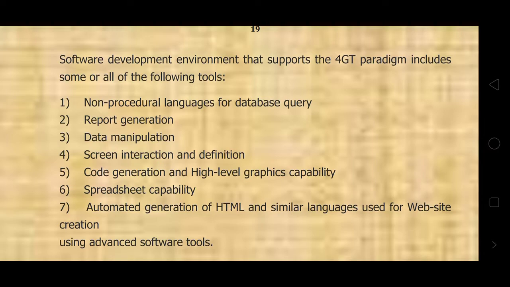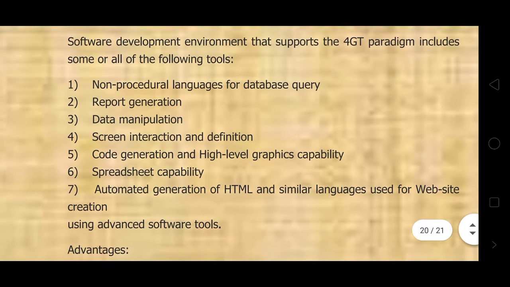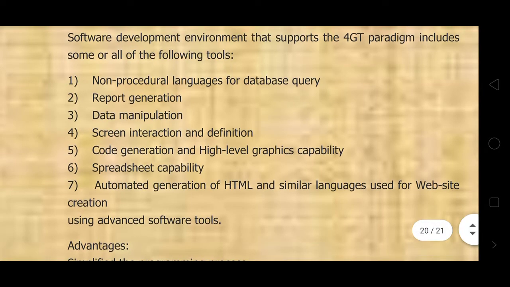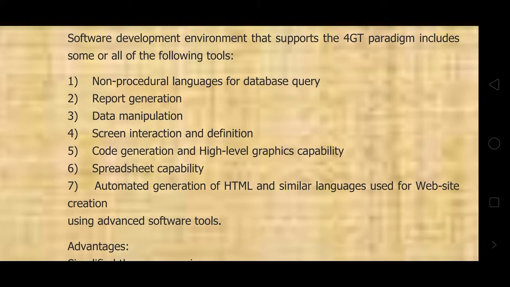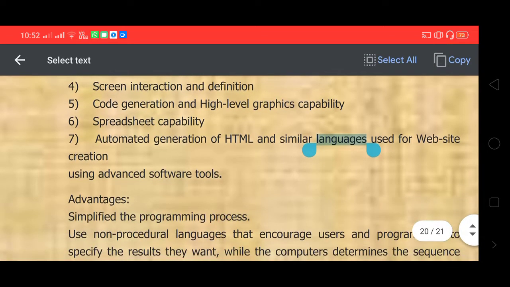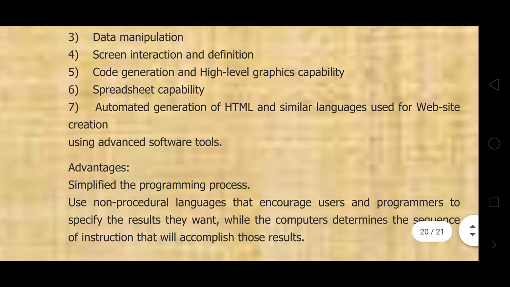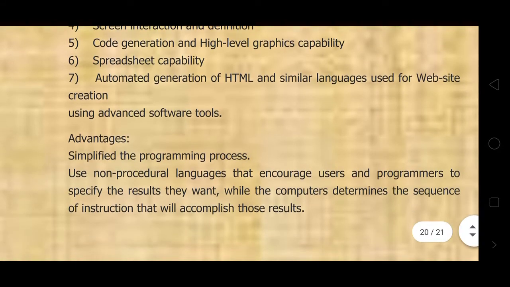Before fourth generation languages, there were only procedural languages. Here we have non-procedural languages, report generation, data manipulation, screen interaction and definition, code generation and high-level graphics capabilities, spreadsheet capabilities, and automated generation of HTML and similar languages used for website creation using advanced software tools.